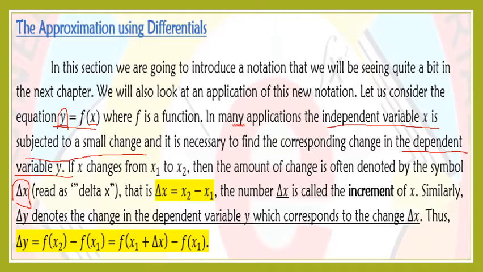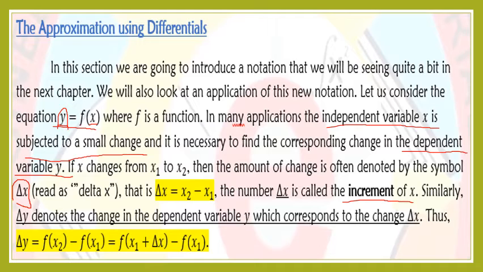Ibig sabihin ng delta x na yan is a change from x sub 1 to x sub 2, or kumbaga sa distance na x sub 2 minus x sub 1. Distance 2 minus the distance 1. Okay. So the number delta x is called the increment of x. So ang tawag dito is increment of x.